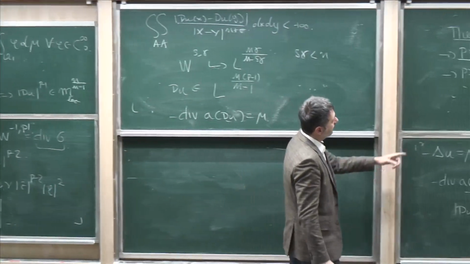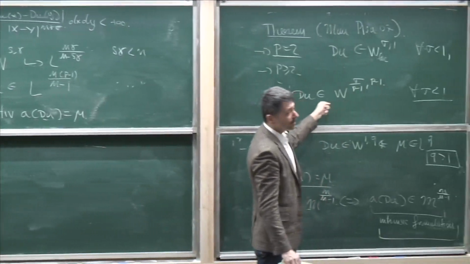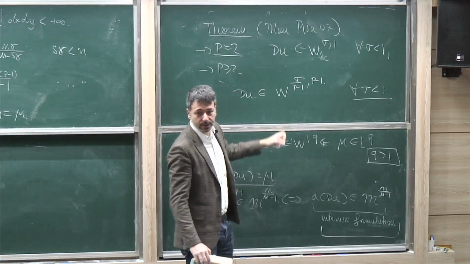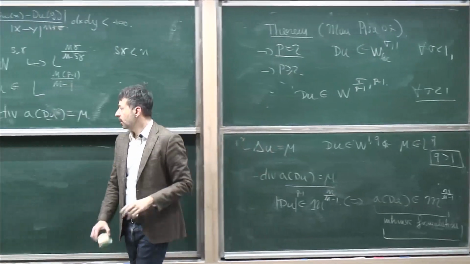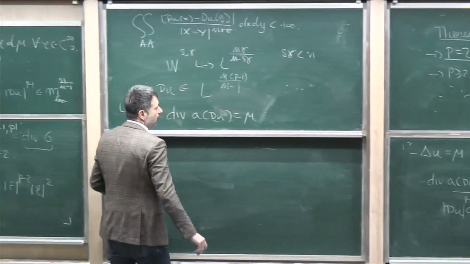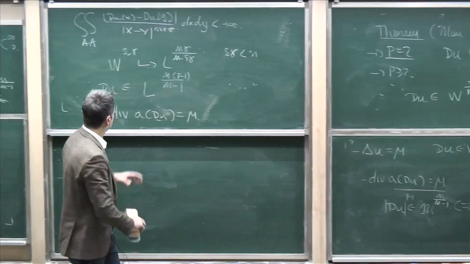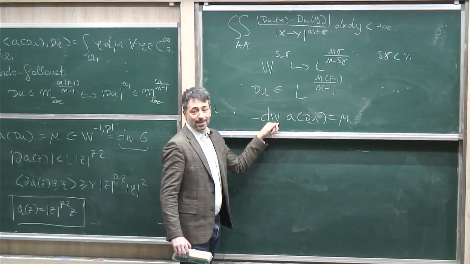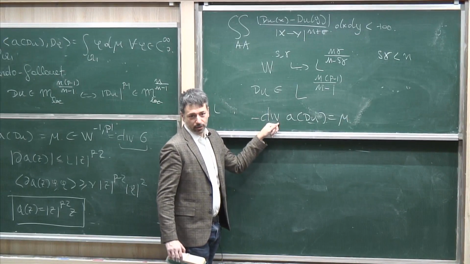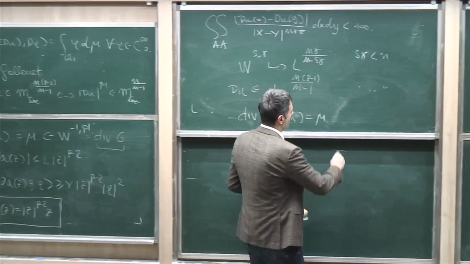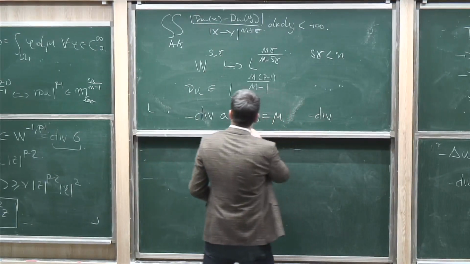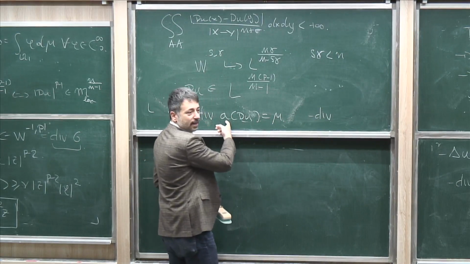In the same paper, there was another result which was conjectured. So the conjecture is the following one. Let's take this equation and let's treat it as a linear equation. Well, let's imagine it's linear, so let's imagine that A is the identity.